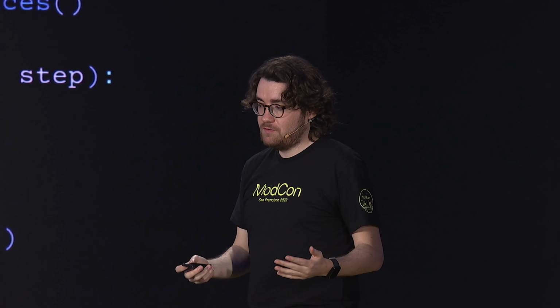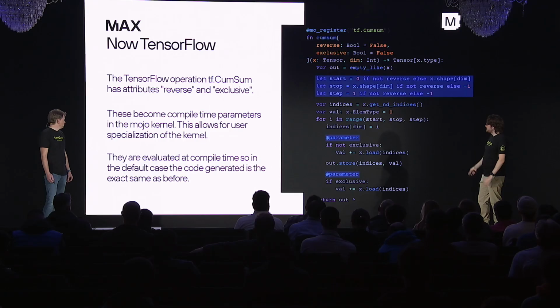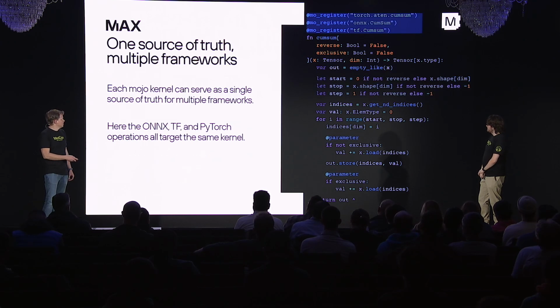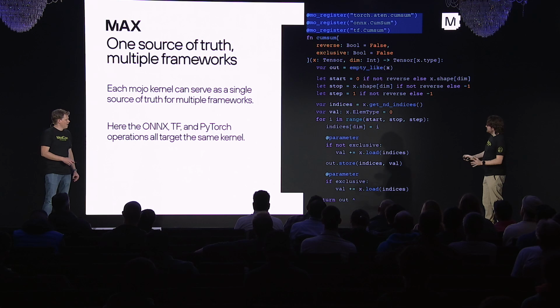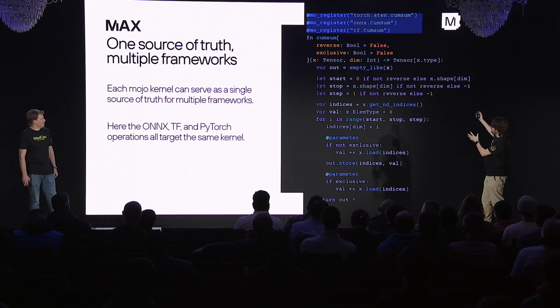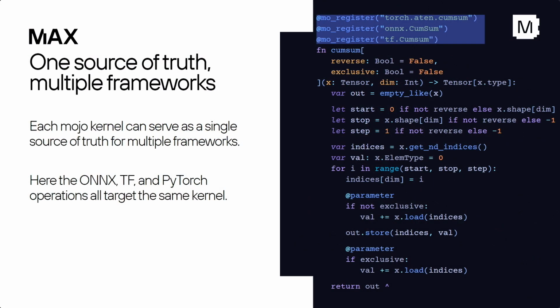So the code that comes out is still very sleek, and the user is the one that parameterized it, essentially, through writing this. And this is the real magic, that the same kernel can be used as a source of truth for 3 frameworks. TensorFlow, ONNX, PyTorch, all use this one kernel, right?